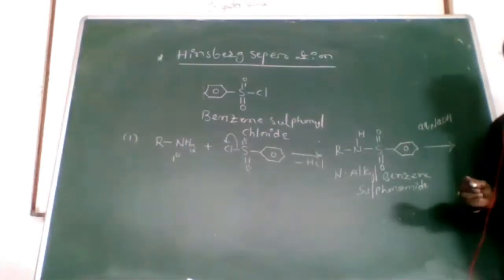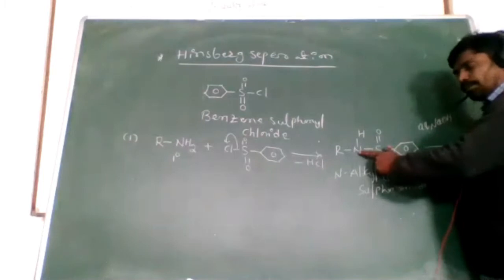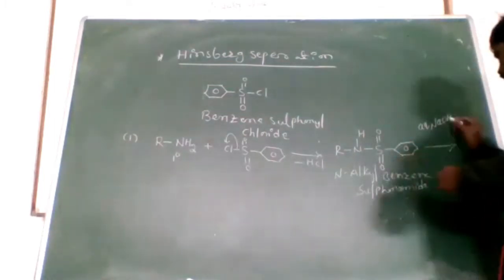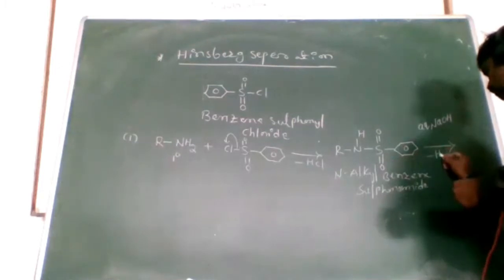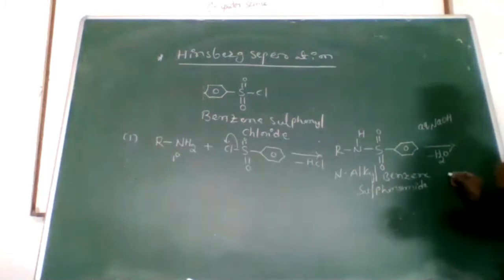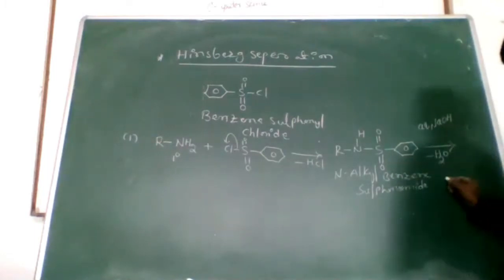There is a possibility for reaction with the NaOH because on the nitrogen, one hydrogen is there. So from the OH, there is loss of a water molecule. Now here we get the salt. I'm writing that here.